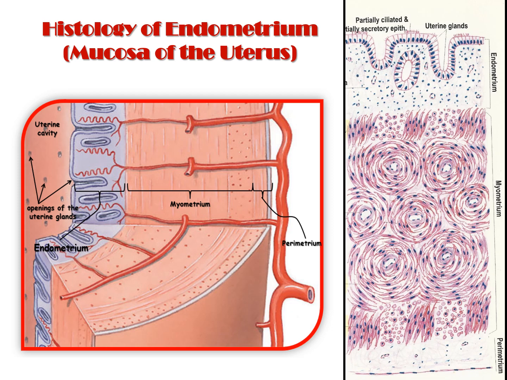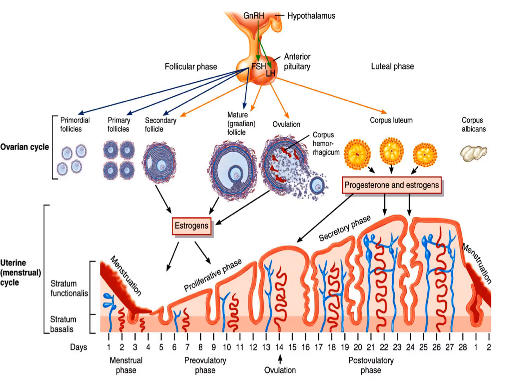And this epithelium is provided with these openings, and again, these openings are for the uterine glands, which are essential for the nourishment of the future zygote.